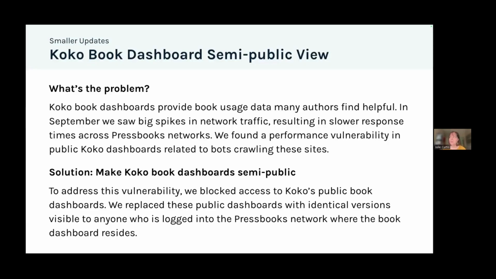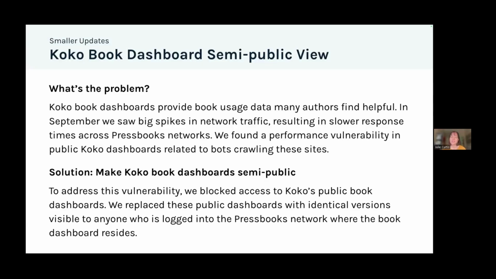The Koko book dashboards provide book usage data. Many authors find it helpful. In September, we saw some big spikes in network traffic and found that there was a performance vulnerability with bots finding those dashboard pages and crawling the sites and slowing down the networks as a result. We ended up closing that vulnerability, but still allowing that helpful data. We blocked access to the public book dashboards, but made semi-public dashboards.